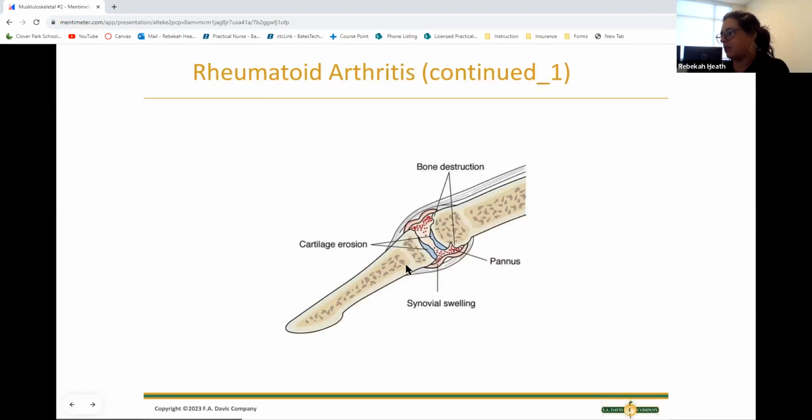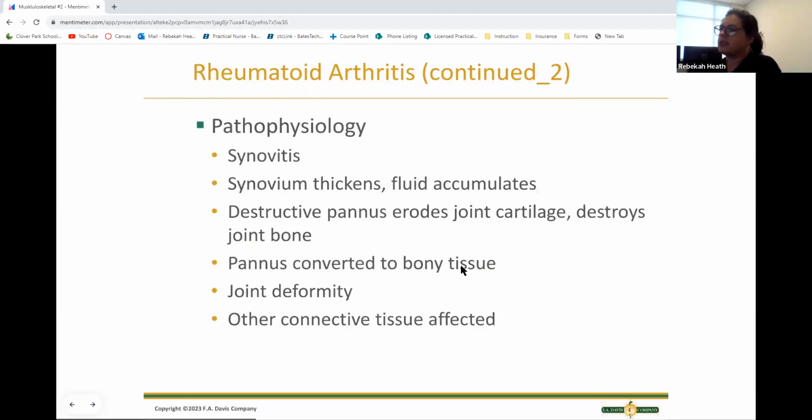You can kind of see, here's a finger joint, and you've got this inflammation and then this swelling that occurs around the joints themselves. That synovitis, or the inflammation of that fluid, and the synovium thickens as that fluid accumulates. It destroys the cartilage, the bone. Anyway, you end up with this deformity.